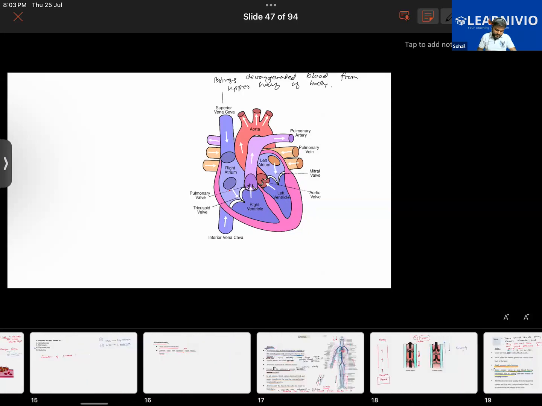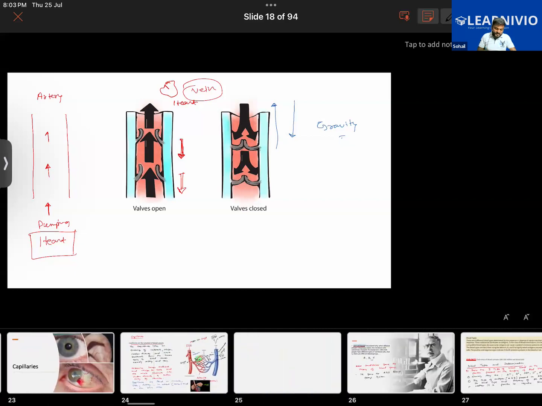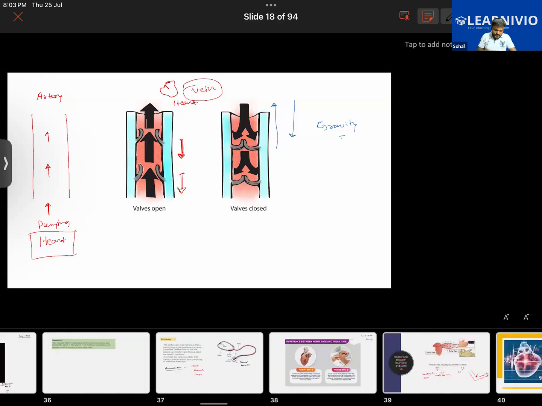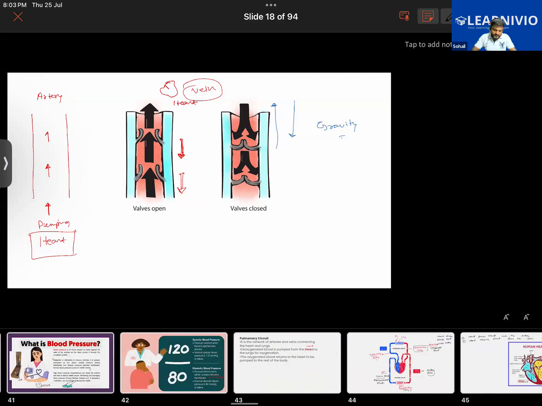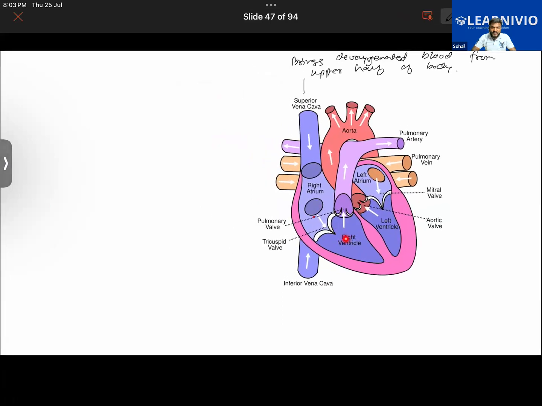I think you guys forgot about this. Didn't we learn about the valves? It was found in the veins. Yes, it prevents the backflow of the blood, prevents the blood from flowing in the backward direction. So now you can guess why this valve is present between these two chambers, between the right atrium and the right ventricle.